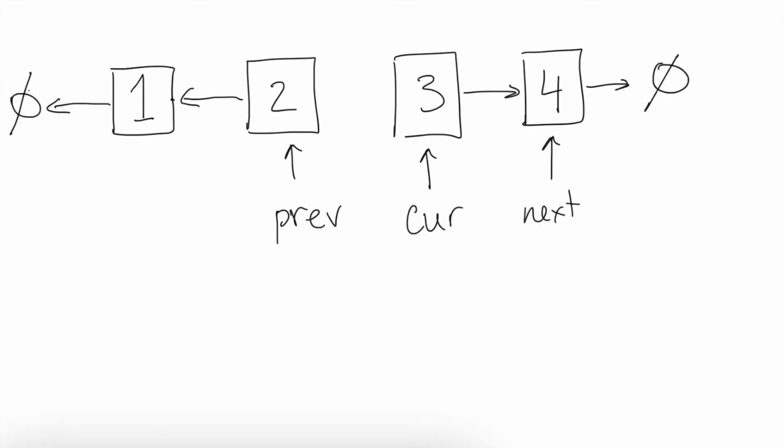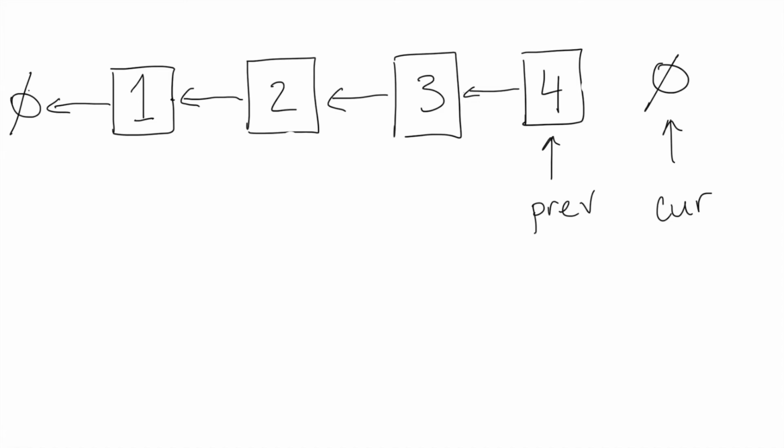And then we change cur.next to point to the previous one. And then we update current to be equal to next and prev to be equal to current. Until finally our current pointer points to null, and in that case, our previous pointer points to the last node. When we return previous, we are actually returning a reference to the start of our reversed linked list.